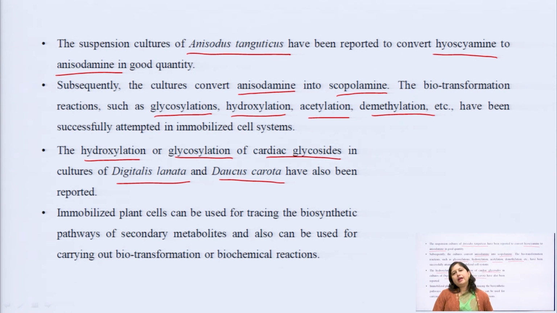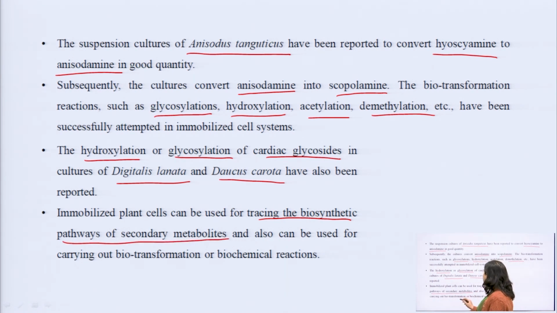We can do hydroxylation, converting digitoxin into digoxin, as well as glycosylation, converting aglycones into secondary or primary glycosides using the immobilized plant cell. Finally, immobilized plant cells can be used for tracing the biosynthetic pathways of secondary metabolites and for carrying out biotransformation and biochemical reactions.